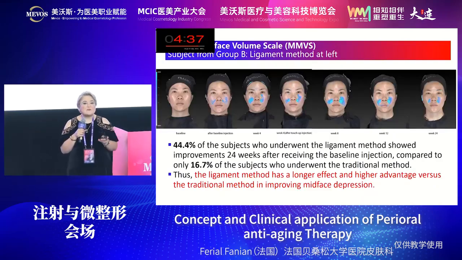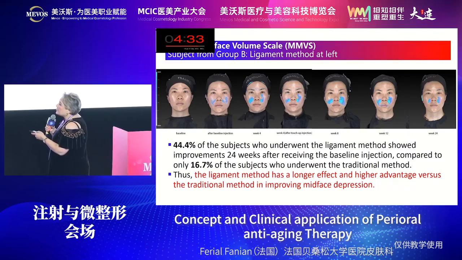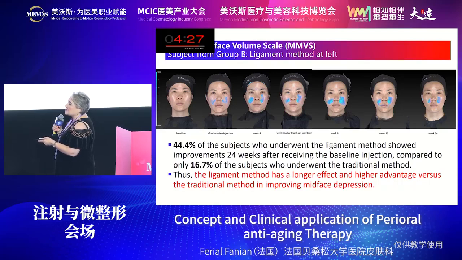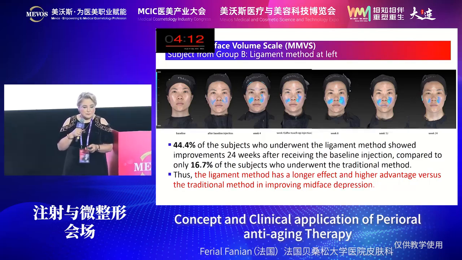And here, this is wonderful, because 24 weeks after, this is the side treated by the ligament method. There are 44% of the subjects that underwent the ligament method showing the improvement, against 16% only for the other group. So the result is longer if you use the ligament method.